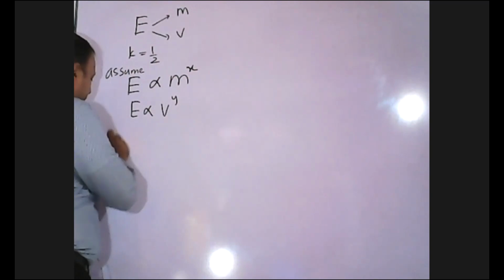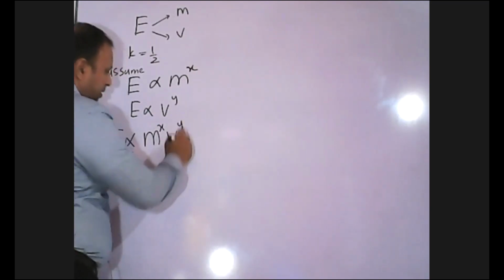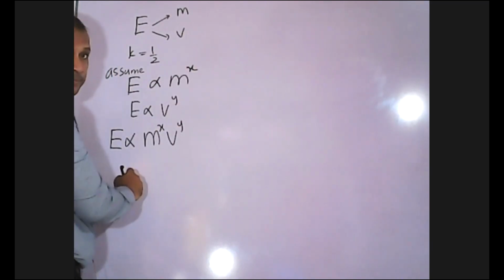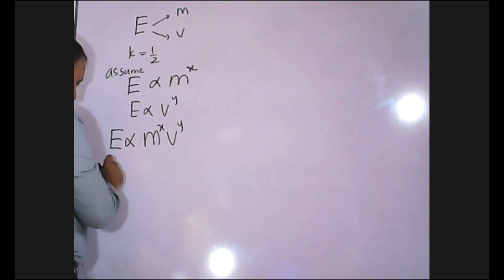Then I can combine these two, M to the power X, V to the power Y, because if any physical quantity is directly proportional to another physical quantity, then I can write this physical quantity is directly proportional to the product of these two physical quantities.